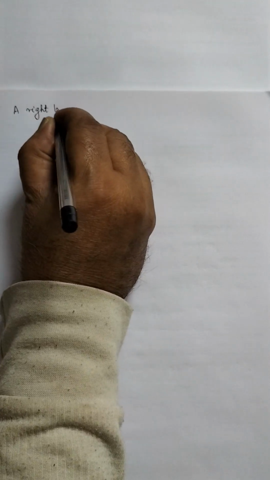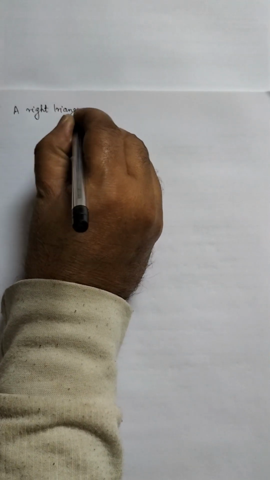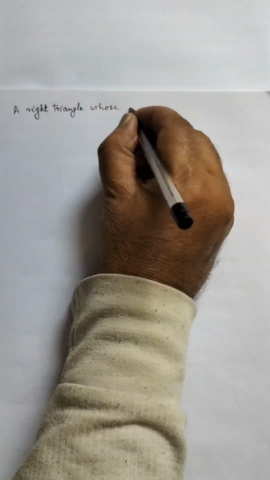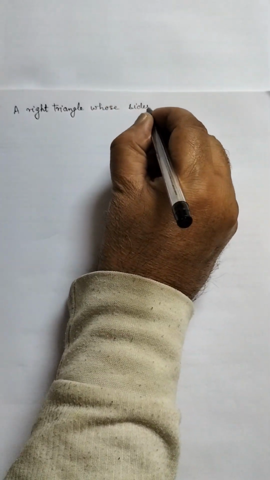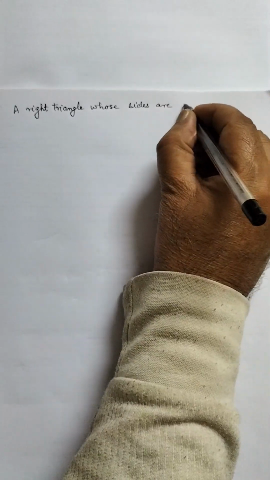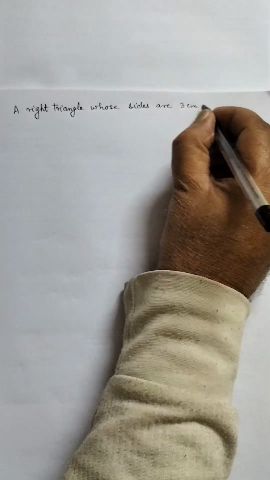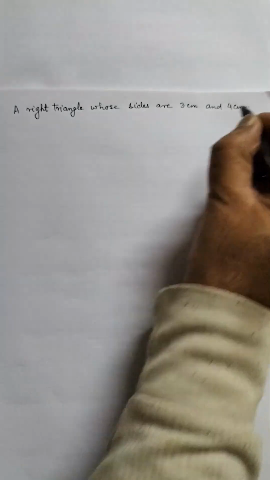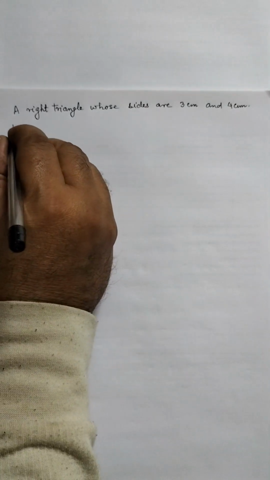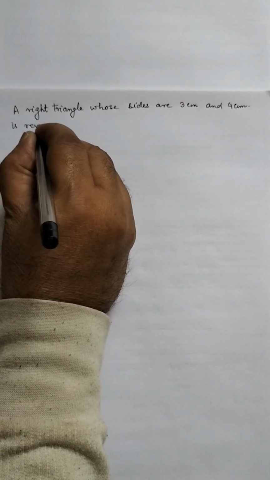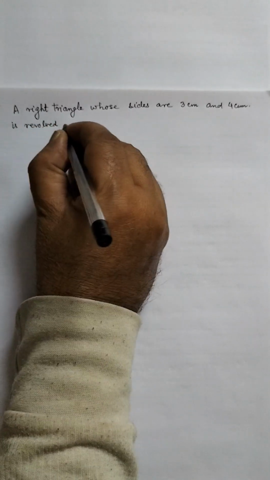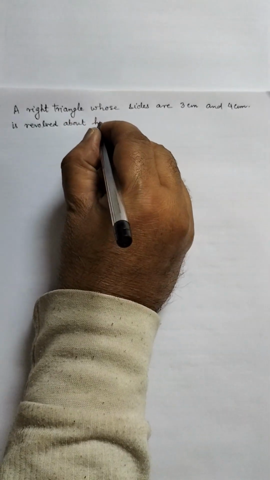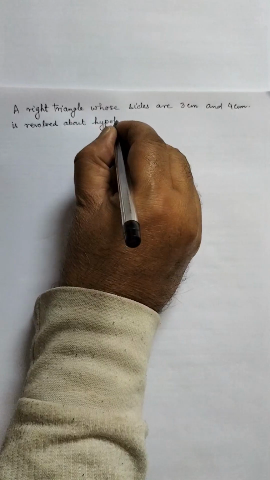A right triangle whose sides are 3 centimeter and 4 centimeter is revolved about hypotenuse.